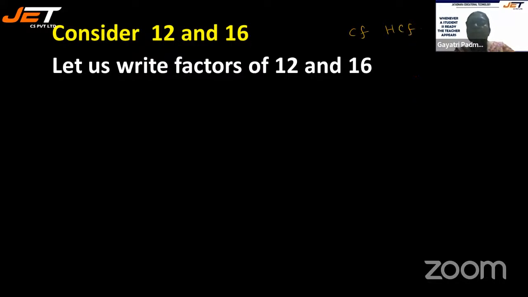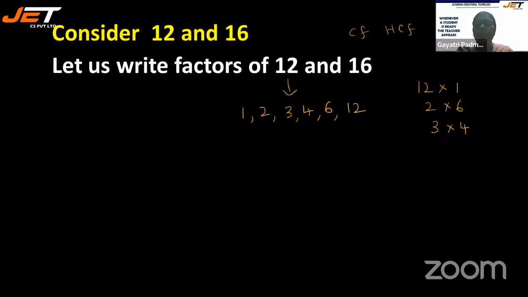All right. So by then let us do 12. 1 12s are 12, of course. 2 6s are 12. 3 4s are 12. Okay. 5 will not go. 6 2s are 12. 6 already we wrote. 7, 8, 9, 10, 11, 12. Okay. So here the factors of 12 are 1, 2, 3, 4, 6, 12, isn't it?